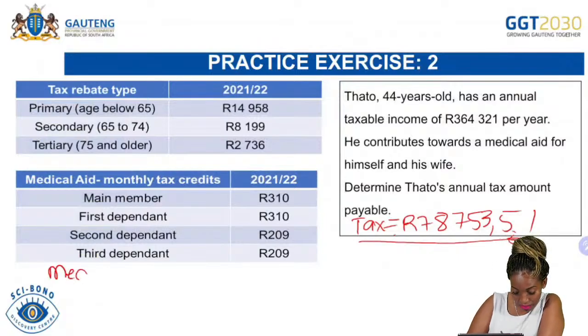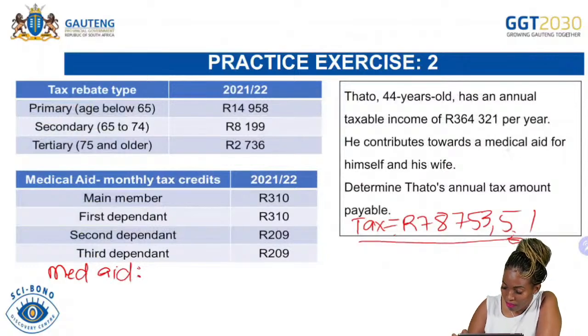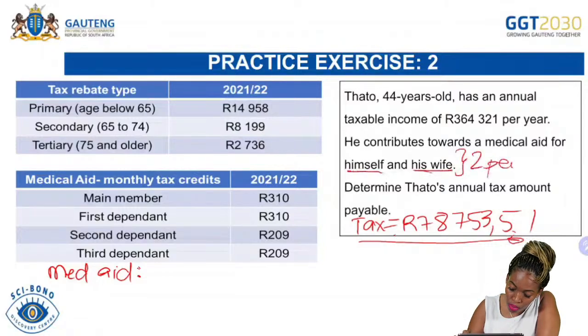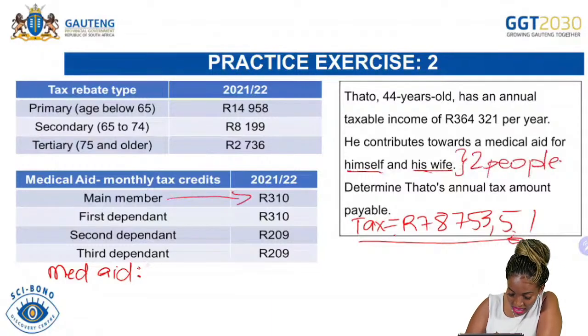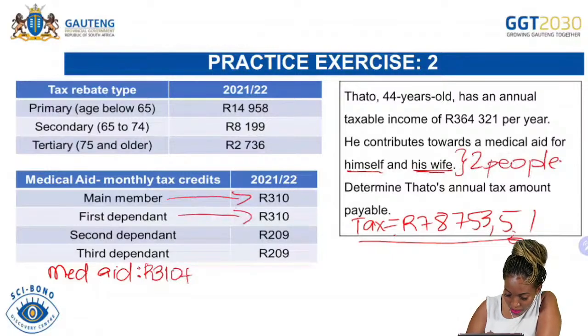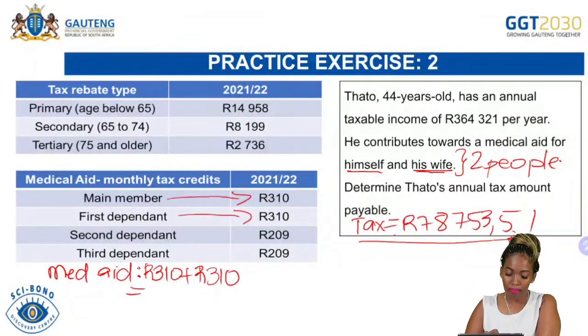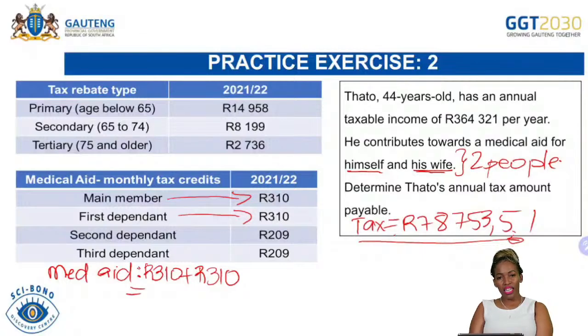For medical aid, we said he's paying for how many people? For himself and his wife, which is how many people? It is 2 people. So the first person who is the main member, it is himself, it is 310, plus the second person, it is the first dependent, it is how much? It is 310. And then guys, the first dependent on the medical aid does not always mean that it is a partner, a wife or a husband.